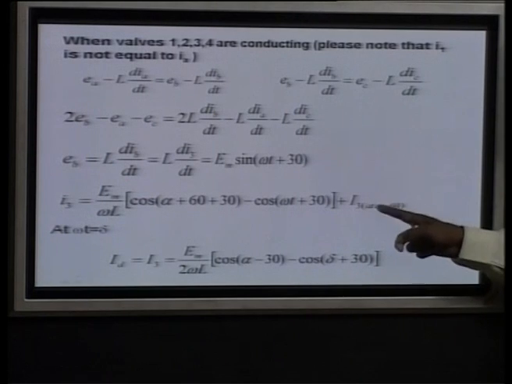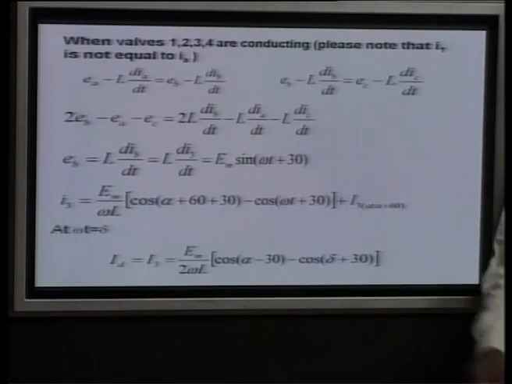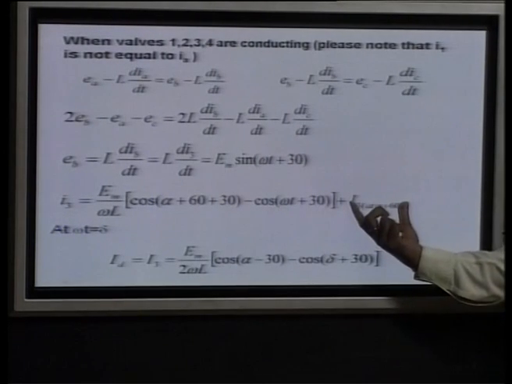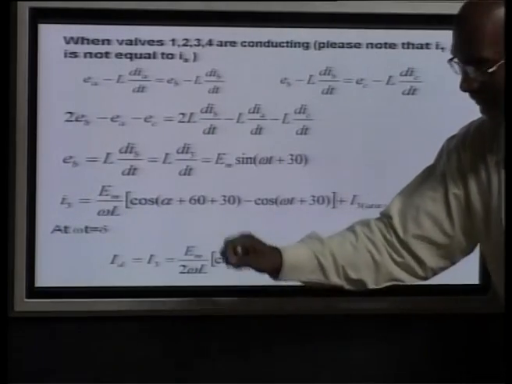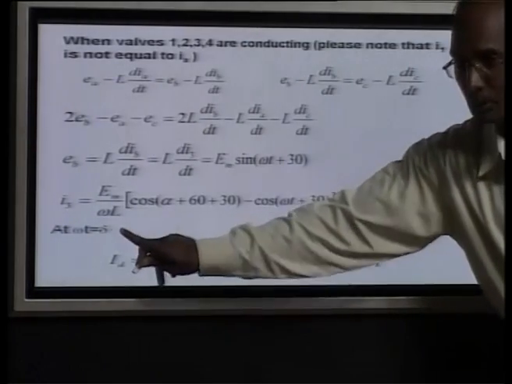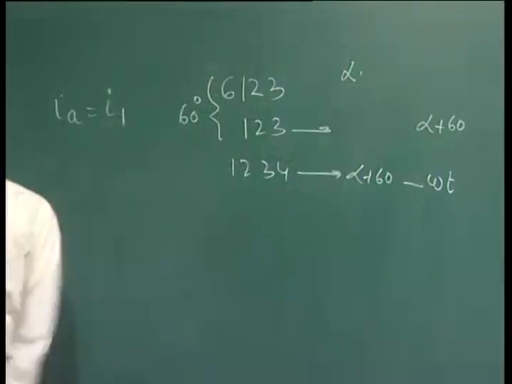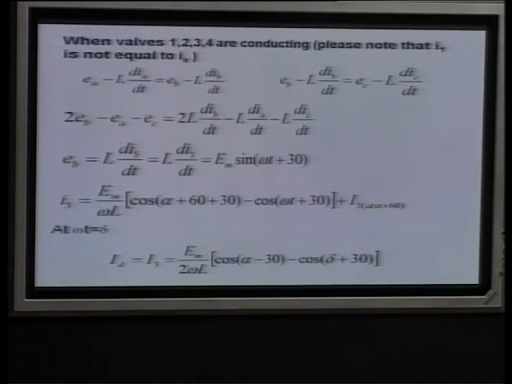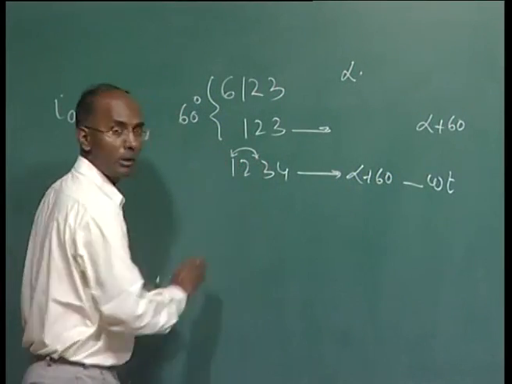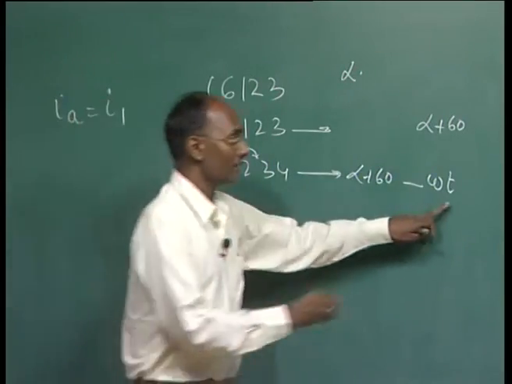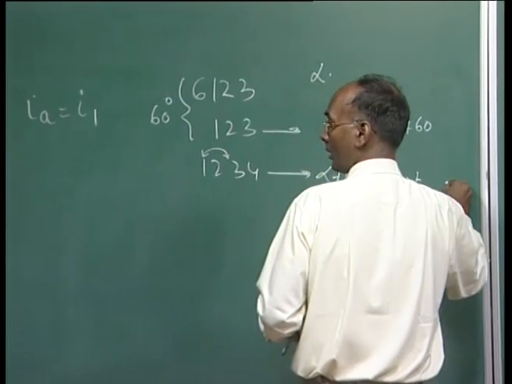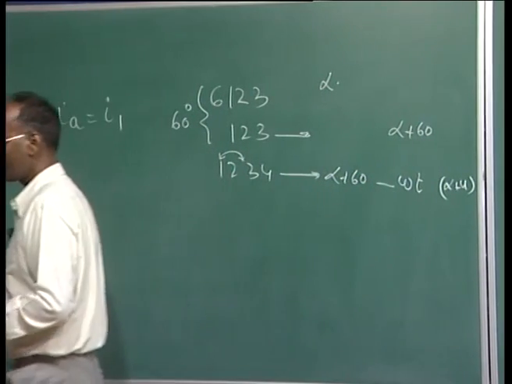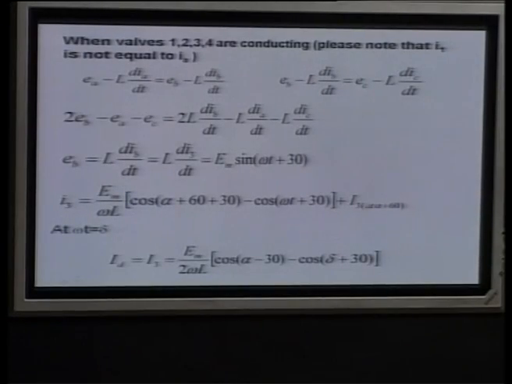We are adding the current which was flowing, just before this conduction. So, this is I 3 at alpha plus 60, added from the previous instant, and then if you simplify, you will get at delta, that is alpha plus u degree, at the end of this conduction, this I D. Because now the commutation between 1 and 3 will be over, and here at alpha plus u it is going to take place, and then we are going to have complete I D, because 3 is going to conduct.